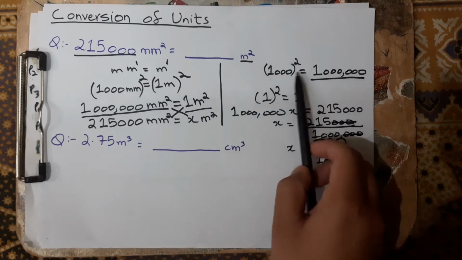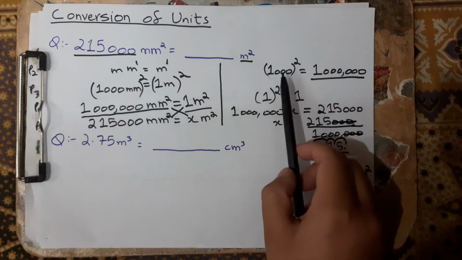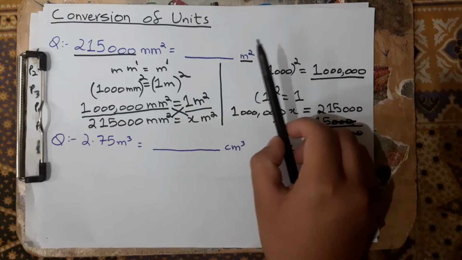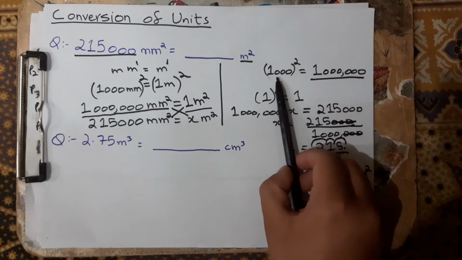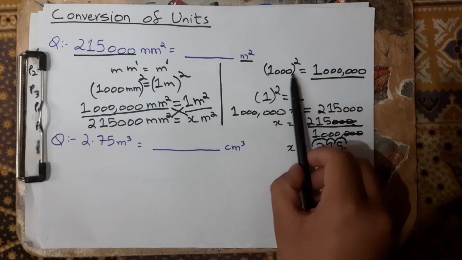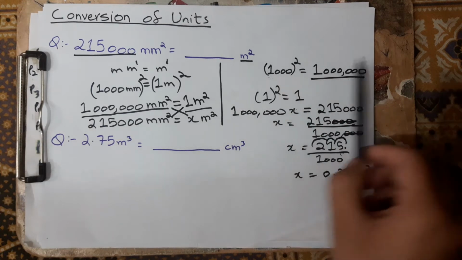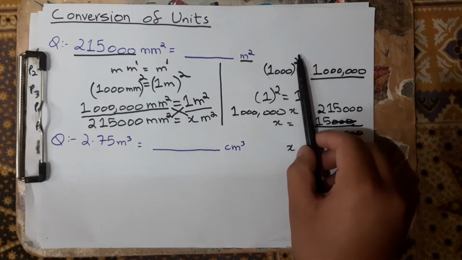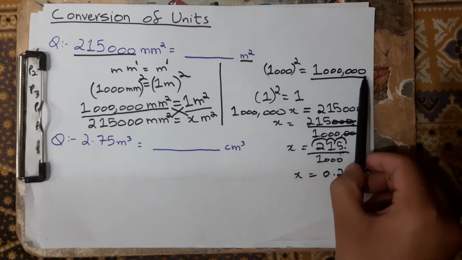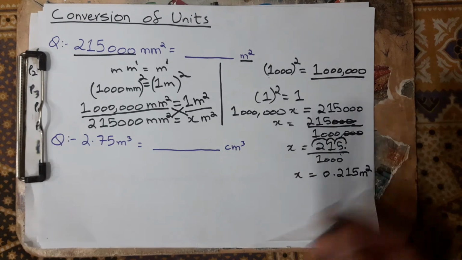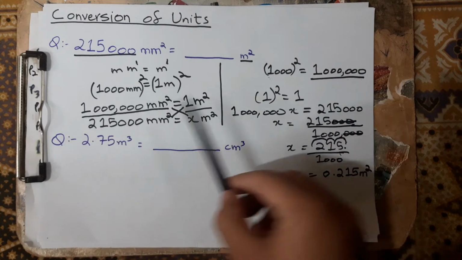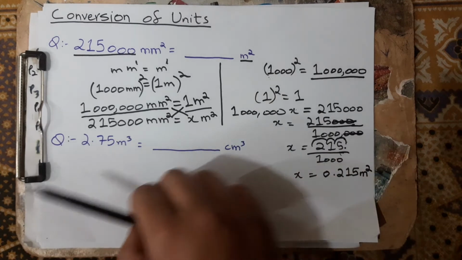If we double them, we get 6 zeros. Like if there was only 1 zero, then if you double it, you get 2 zeros. So overall 3 zeros, we double them up and get 6 zeros. So 1 followed by 6 zeros makes a total of 1 million. So 1 million millimeter square, or 10 lakh millimeter square, you can say both.